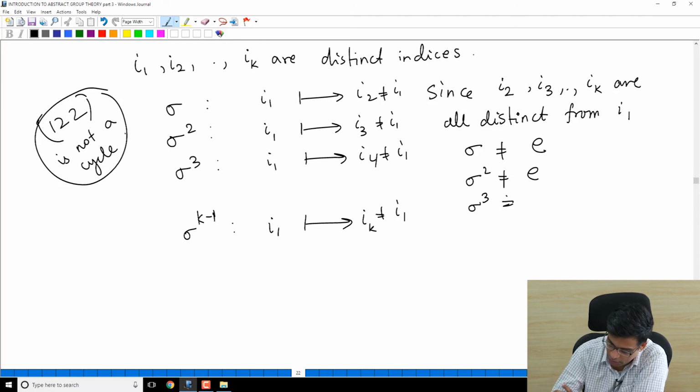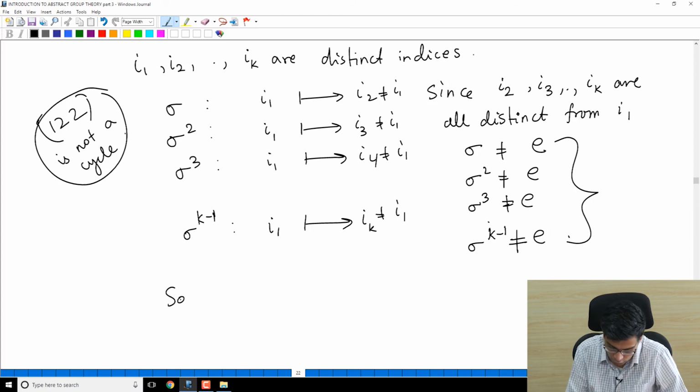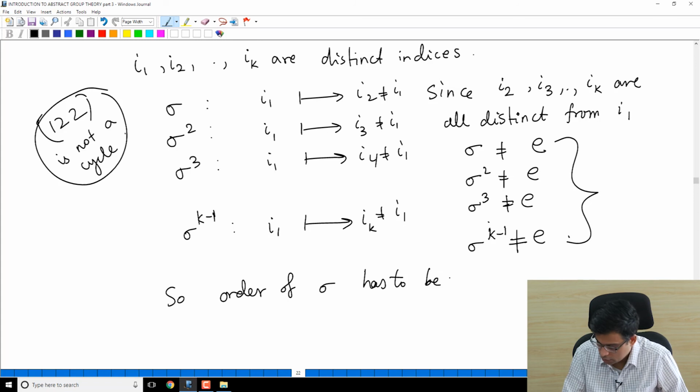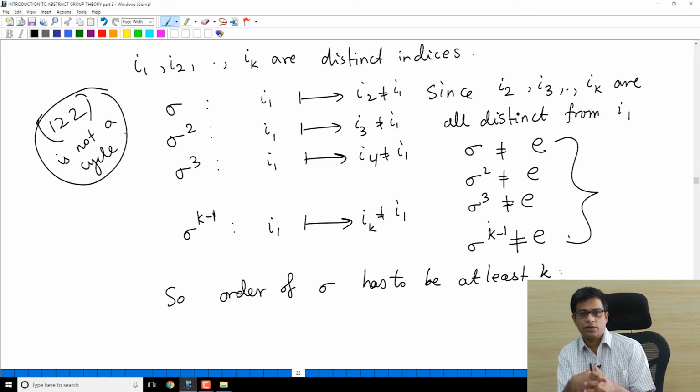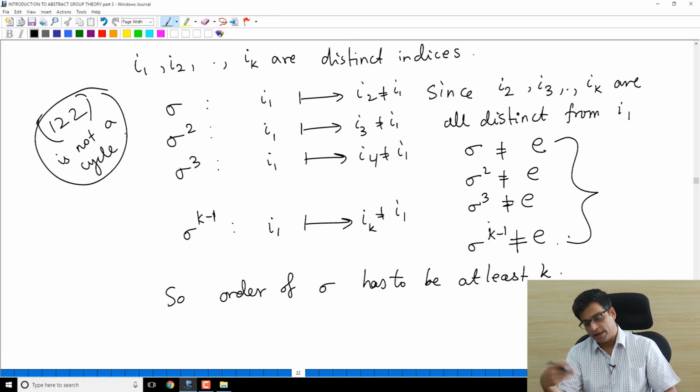Similarly, sigma cubed can't be E, and finally sigma k minus 1 can't be E. So the order of sigma has to be at least k, right? Remember, the order of sigma is the least positive integer d such that sigma power d is identity. So here sigma is not identity, sigma squared is not identity, sigma k minus 1 is not identity. So the order has to be at least k.